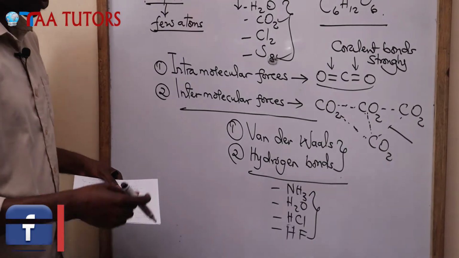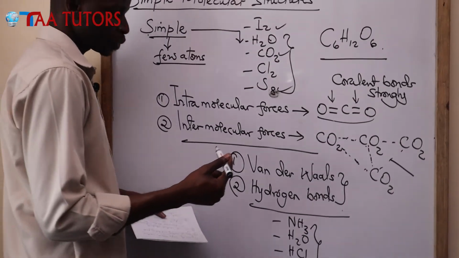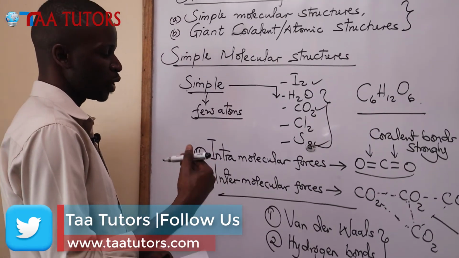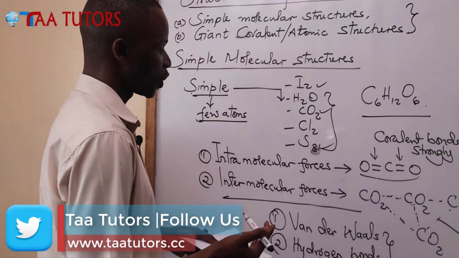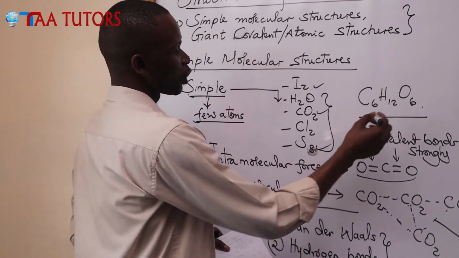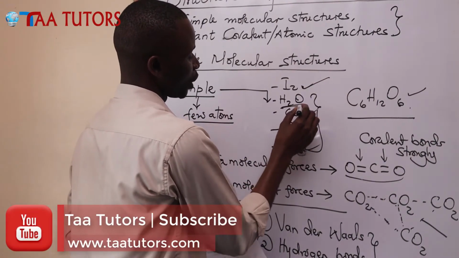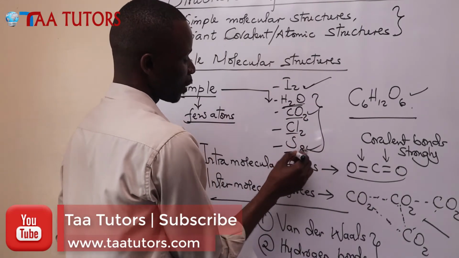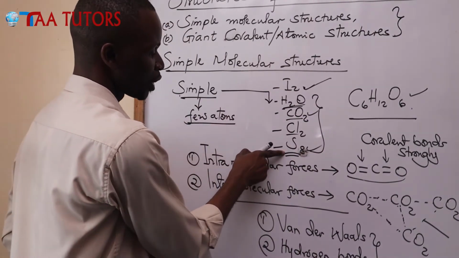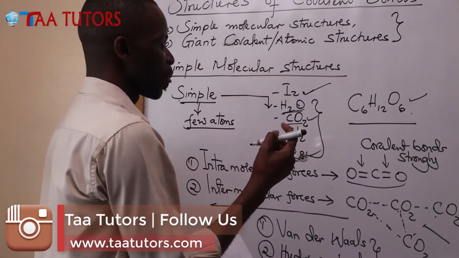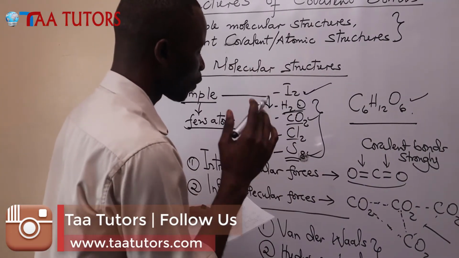Now, even though we say they are very weak, when we compare this category, we know that sugar is solid, iodine is also solid, water is a liquid, carbon dioxide is a gas, chlorine is a gas, and sulfur 8 is also solid. Why are some solid, some liquid, some gases? For two reasons.